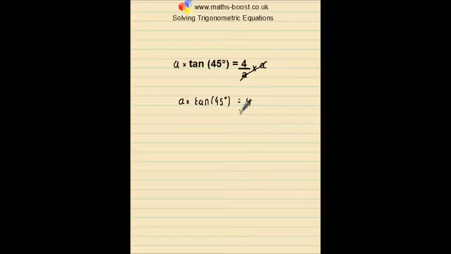And of course, because this is an equation, we'll do this to both sides. You should now see that the left hand simplifies, since we're multiplying a by tan 45 only to divide by tan 45. On the right hand side, we can simply type into our calculator. And you'll find that a is equal to 4.